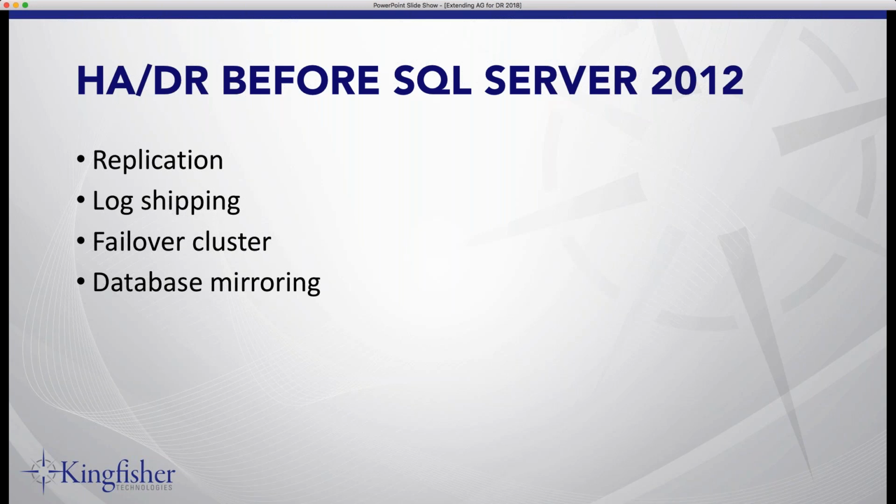So if you have 5 databases that all work together to power a single application, you may have one database that fails over, but the other 4 are left on the primary server. And that kind of a split scenario is far from ideal as well.